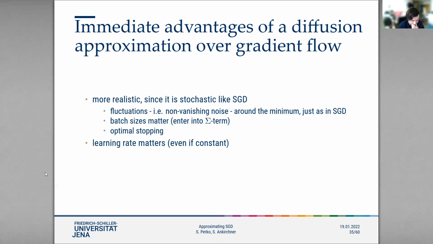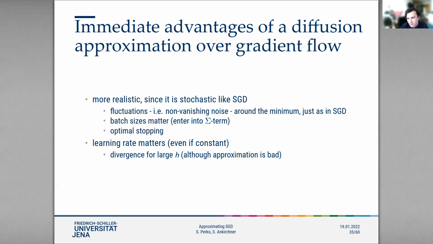All right. Then the learning rate matters directly, even if it's constant, because it's directly in this diffusion term. For every learning rate, we get a different solution. And for example, if we run stochastic gradient descent and we choose a pretty high learning rate, so let's say h equal to 1 or even higher, then we will often observe divergence. This can never happen for gradient flow.